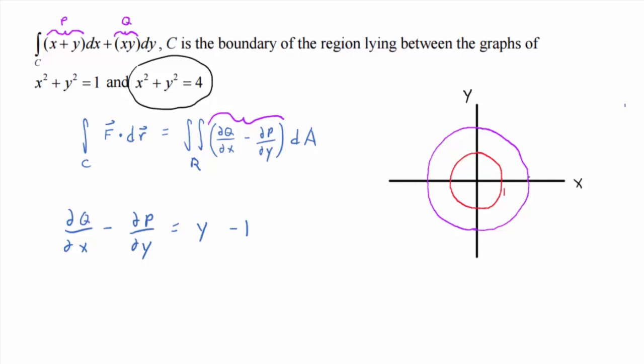C is the boundary of the region lying between the graphs of x squared plus y squared equals 1 and x squared plus y squared equals 4. So we're talking about the donut.